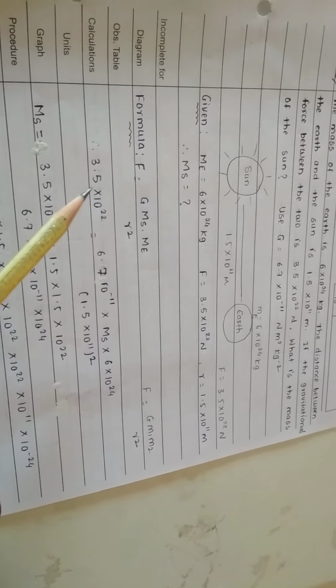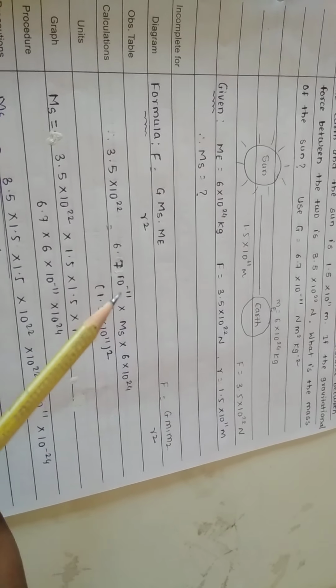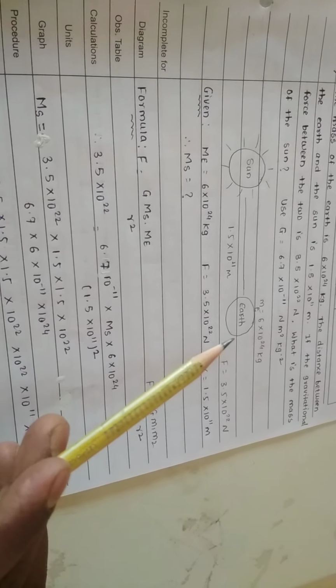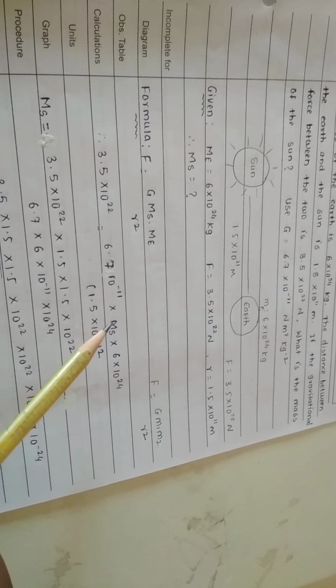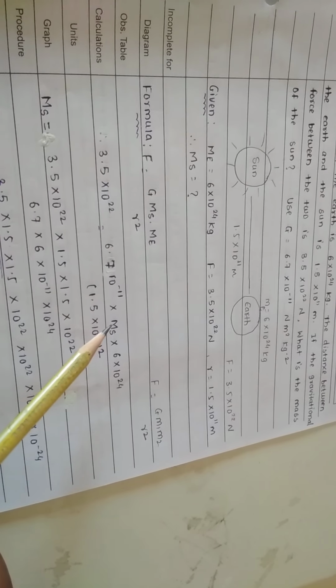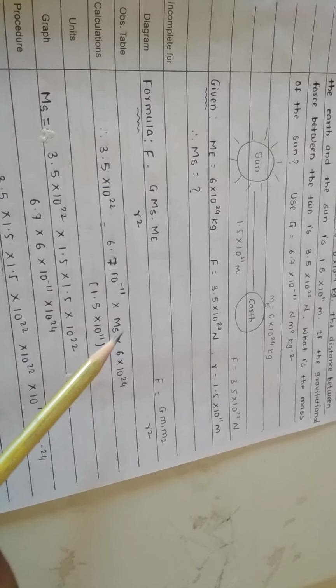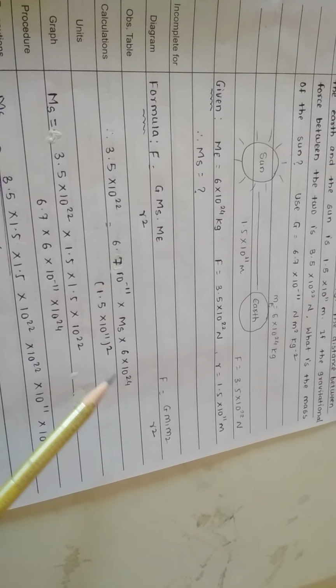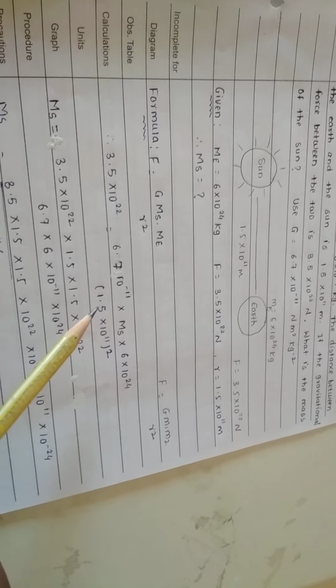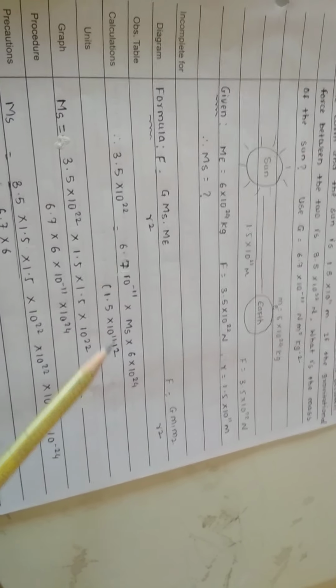Therefore the force they have given, 3.5 into 10 raised to 22, is equal to G, the constant value, 6.7 into 10 raised to minus 11, into mass of the Sun. Mass of the Sun we have to find out, into mass of the Earth, 6 into 10 raised to 24, divided by R square, 1.5 into 10 raised to 11 square.